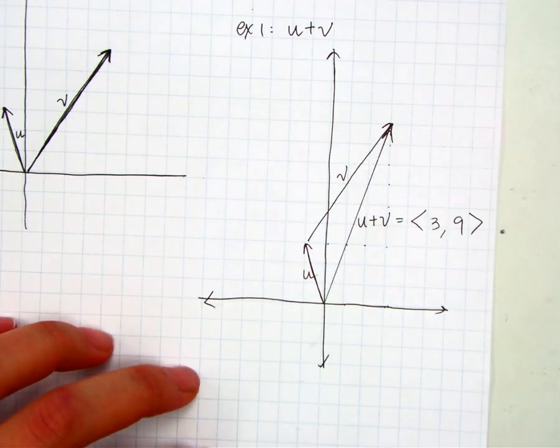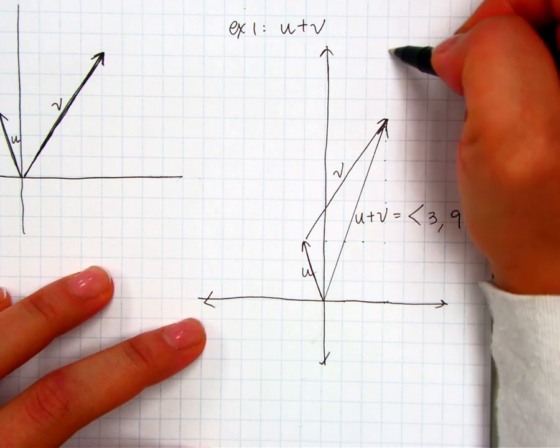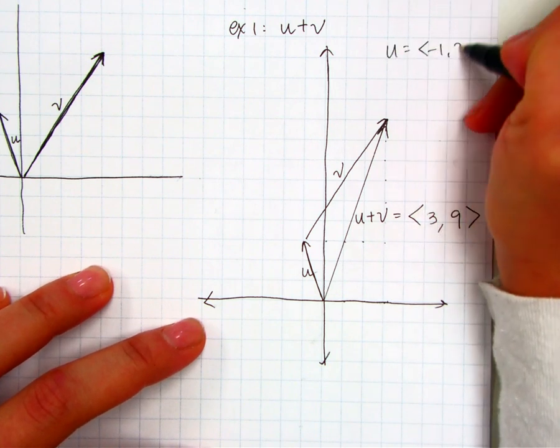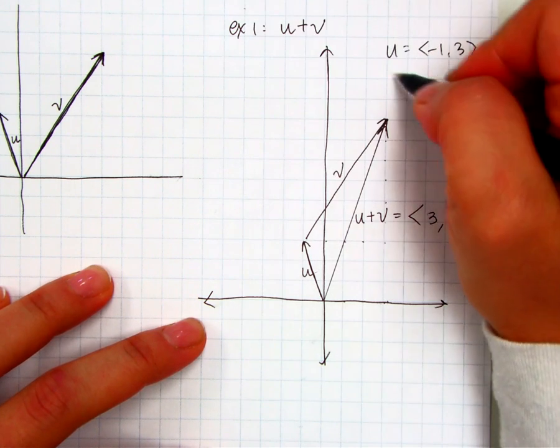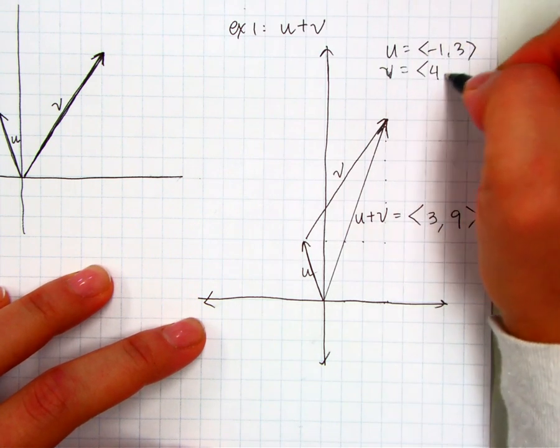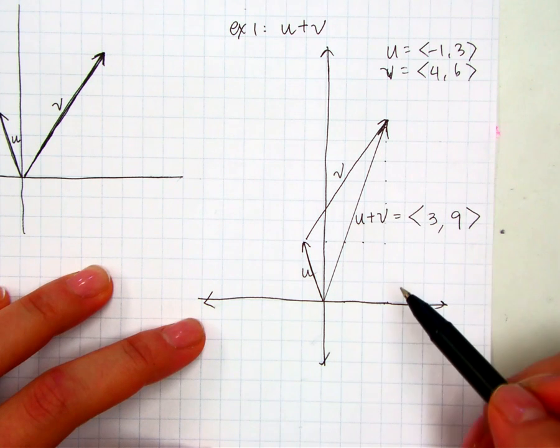Now, can I find that without actually drawing it out? What if I don't want to draw it out? So u was equal to negative 1, 3, right? So negative 1, positive 3. V was equal to 4, 6. Moved right 4, up 6.